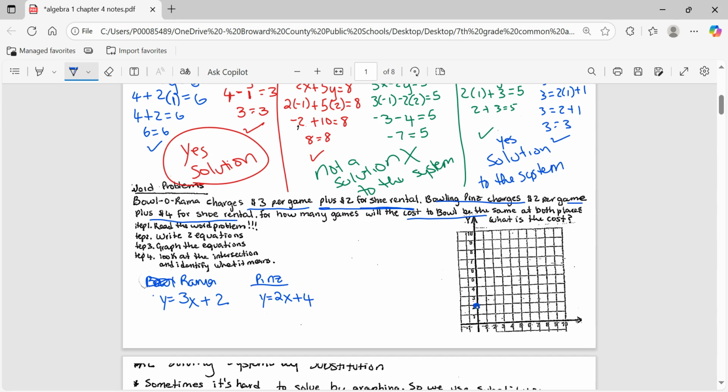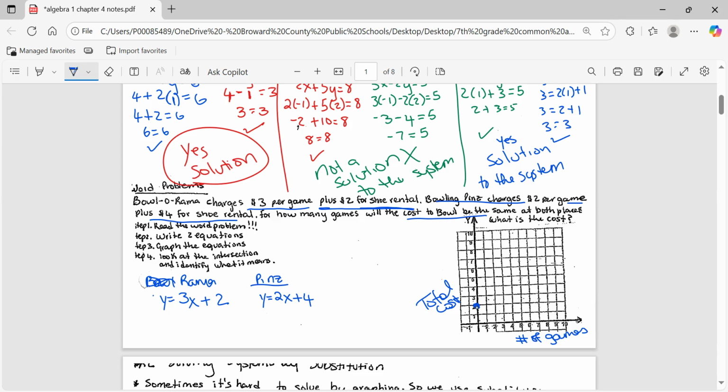And this is going to be our total cost, right? And then it's going to change on your number of games. Because if you do one game, it's only $5. But if you do two games, then that becomes 8 bucks. If you do three games, it becomes $11. So it depends on the amount of games. That's your X that you play.